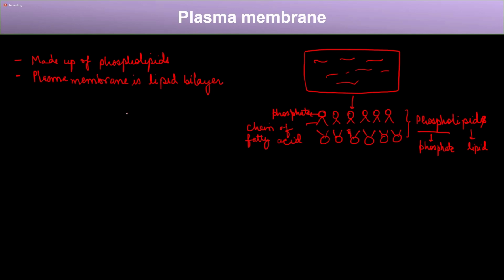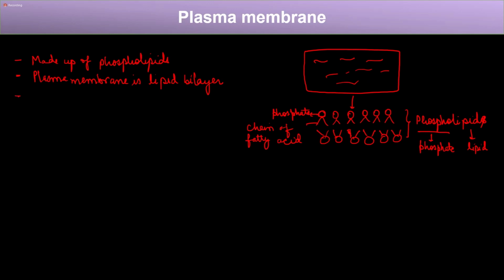Now, what is the role of this plasma membrane? It makes the boundary for the cell, preventing direct interaction of the outside environment with what is present inside the cell. So it acts as a barrier.